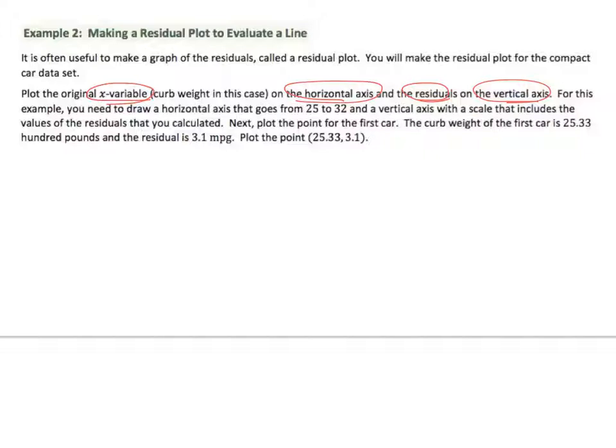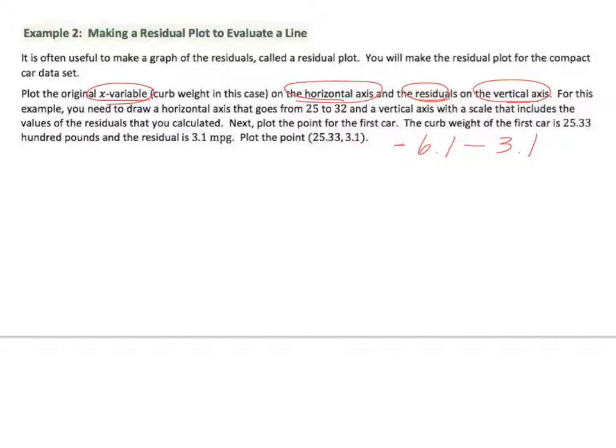For this example, you need to draw a horizontal axis that goes from 25 to 32 and a vertical axis with a scale that includes the values of the residuals you calculated. I believe we went anywhere from negative 6.1 to positive 3.1. Next, plot the point for the first car.